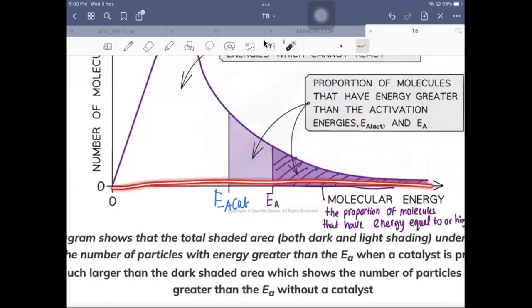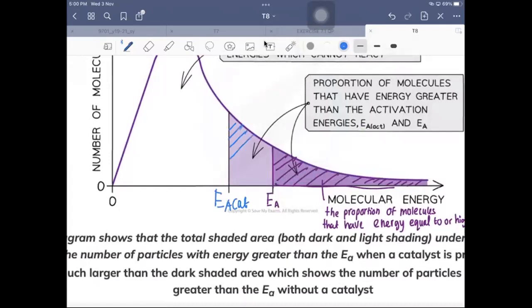Remember, my axis is going from 0 to a bigger number. So if I make the activation energy smaller, then my line has to be moving to the left. Okay, so my activation energy catalyst is there.